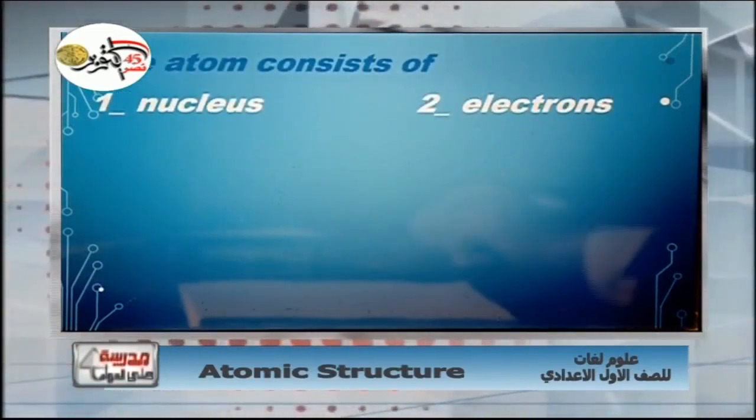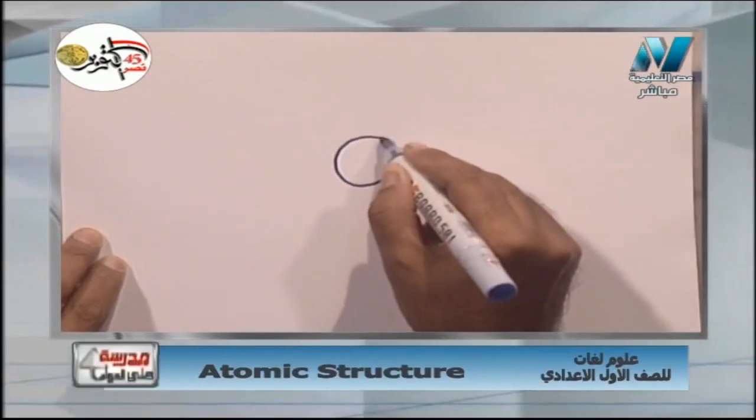But the atom consists of what? Of nucleus and energy levels, or nucleus and electrons. Now, what's meant by nucleus? As you see, my dear student, on this paper, this is the nucleus.